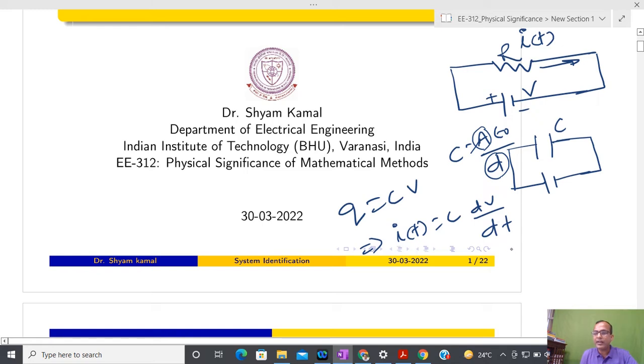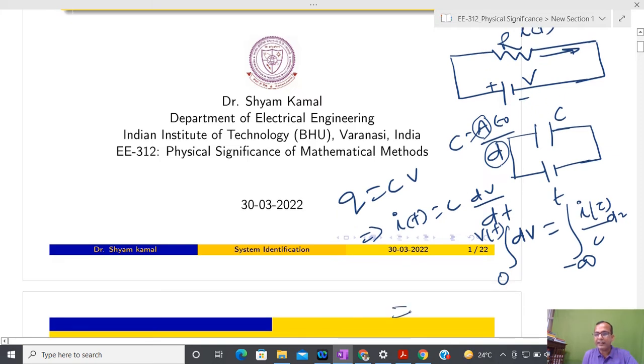If you calculate V here, dV equals i(tau) by C d tau, and I have to integrate from minus infinity to t. At minus infinity I can assume the voltage equals 0, and here I have the voltage equal to Vt.